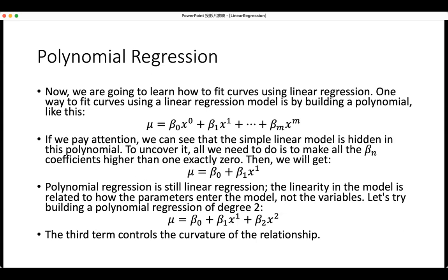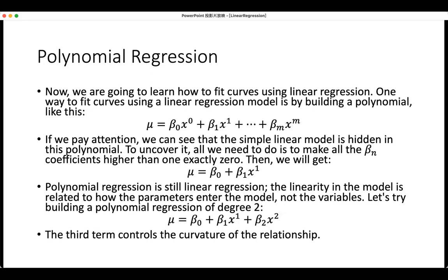If you still remember, in a linear regression, mu equals beta 0 plus beta 1 x1. That's it, right? But here we could go beyond that. We can have beta 0 x0, beta 1 x1, beta 2 x squared, beta 3 x to the power of 3, and so on to beta m x to the power of m.